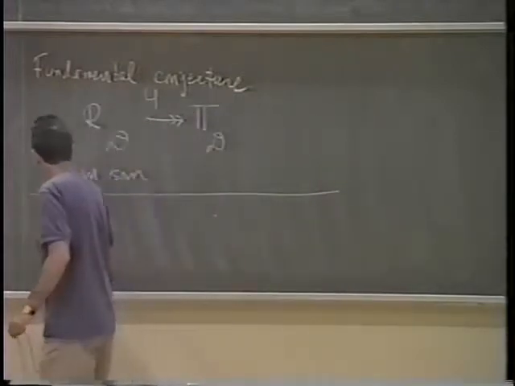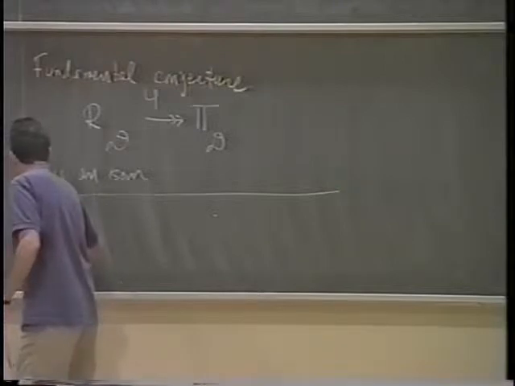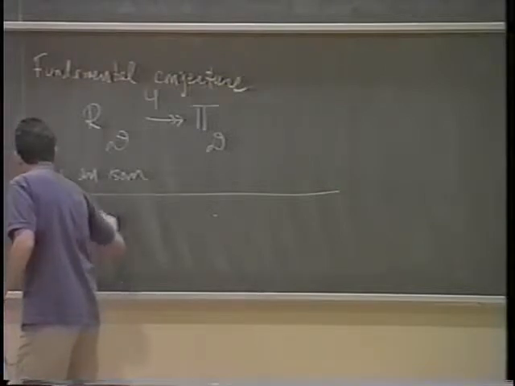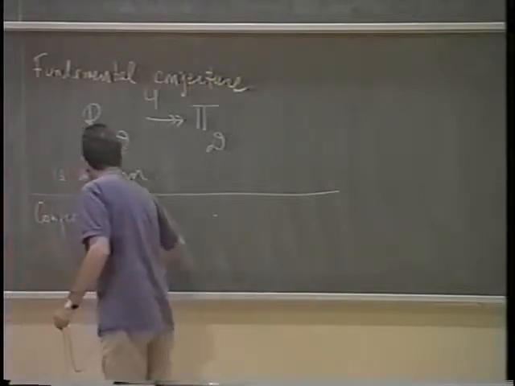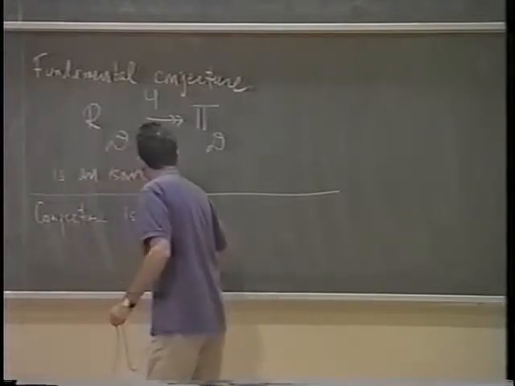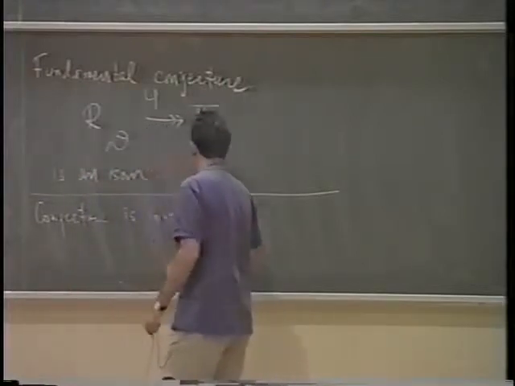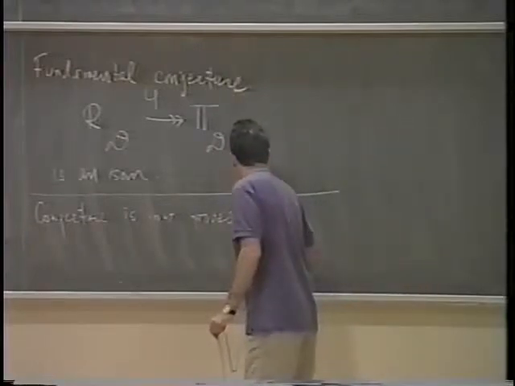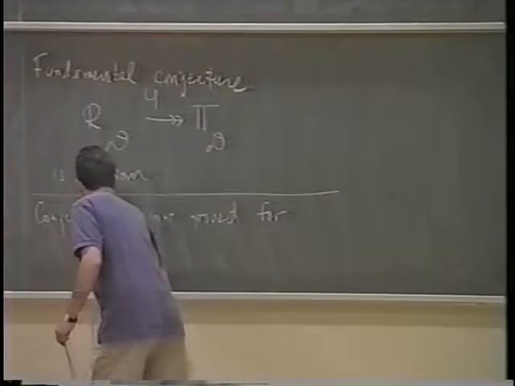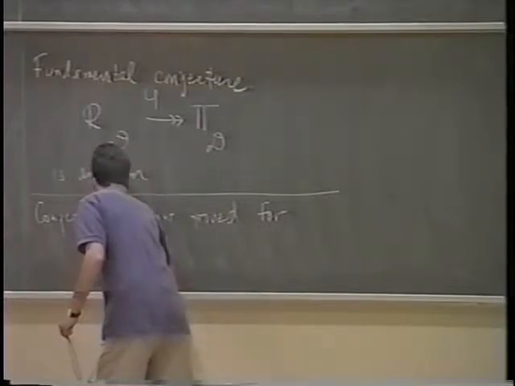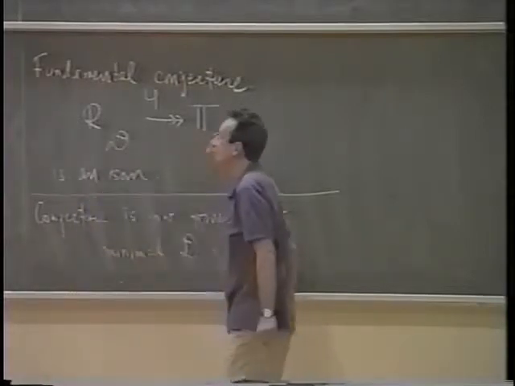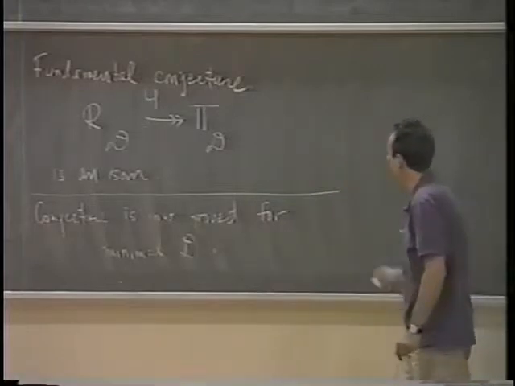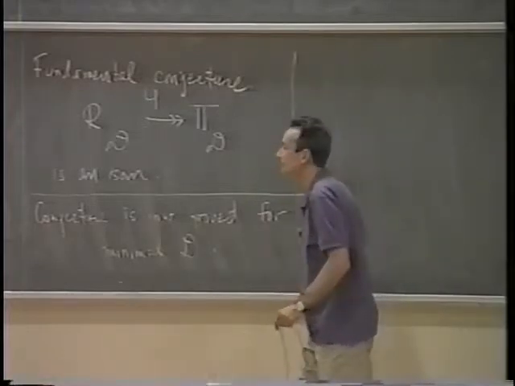Maybe I should just say in this part of the board what I said orally, namely that the conjecture is now established from the point of view of this conference. The conjecture is now proved for the minimal deformation. And the problem is to think about non-minimal deformation problems.